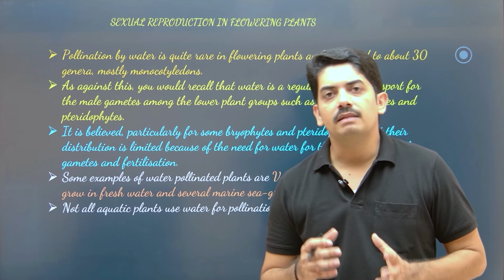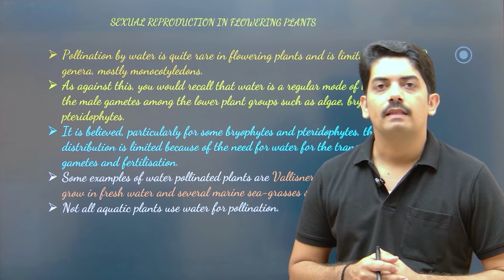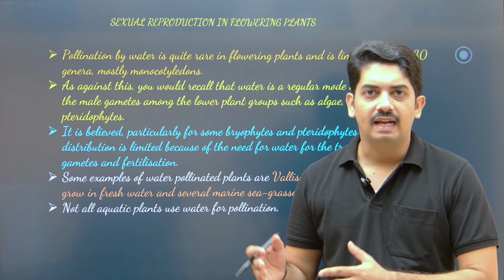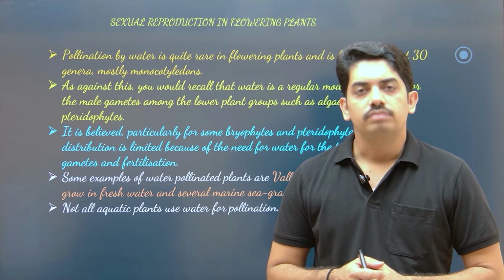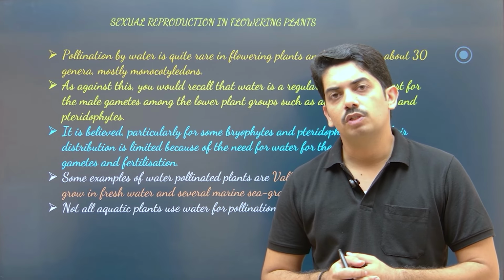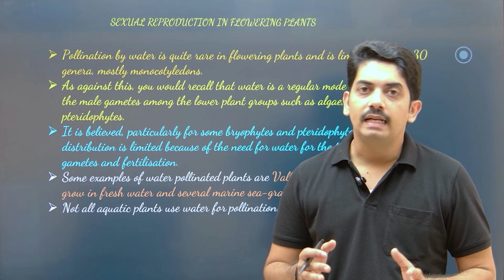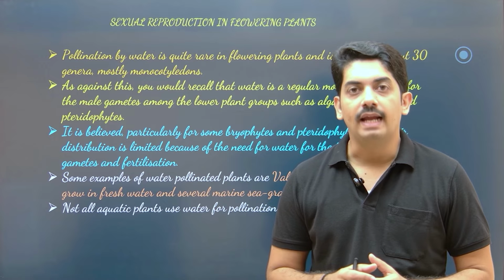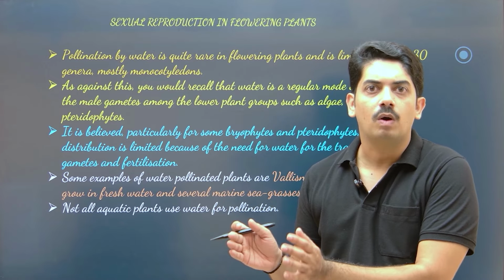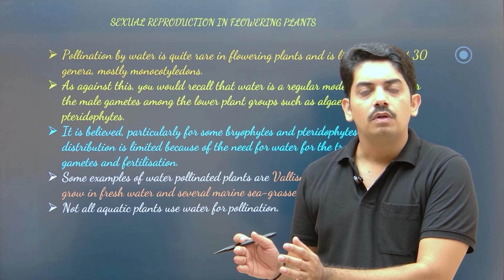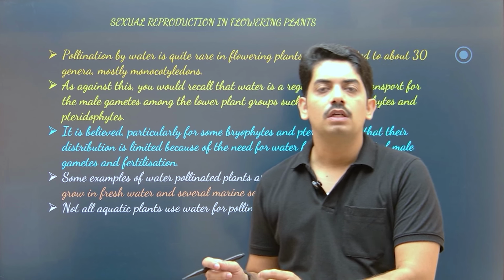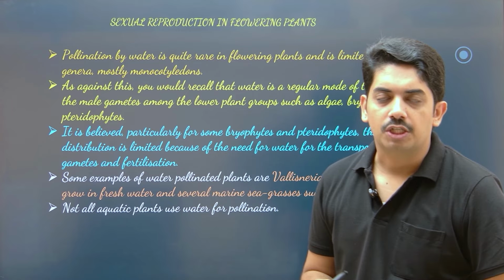But just remember the previous topics, like in morphology of flowering plants as well as in plant kingdom. Especially in plant kingdom, we studied that algae, bryophytes, gymnosperms are mainly dependent on water, and their distribution is also restricted to a very small area, because of the complete dependency of the plant on water for fertilization.